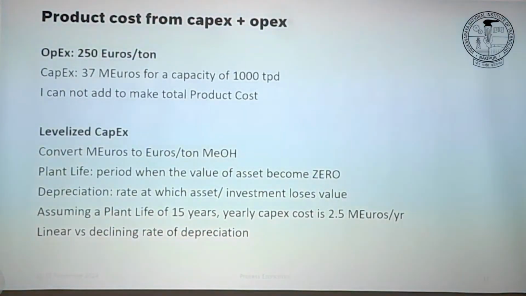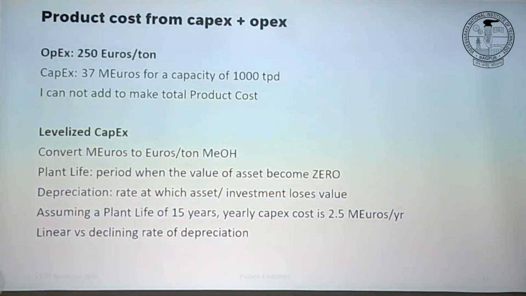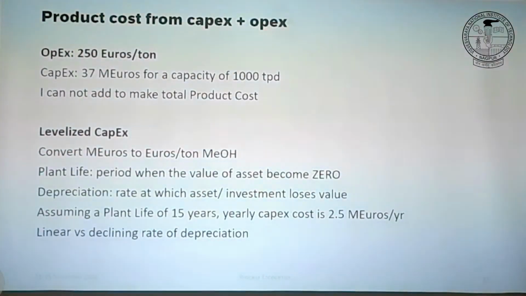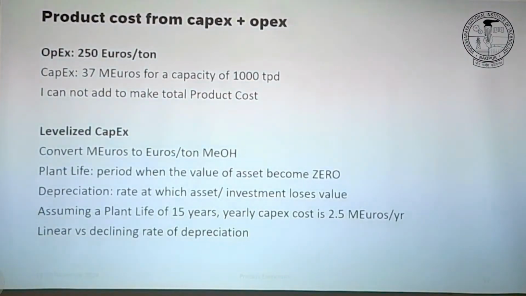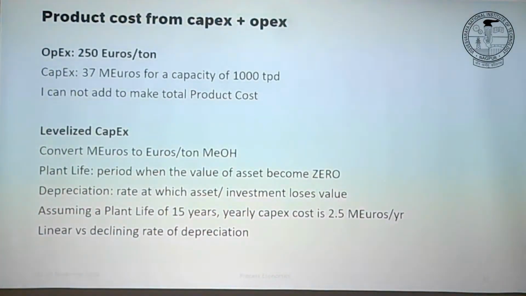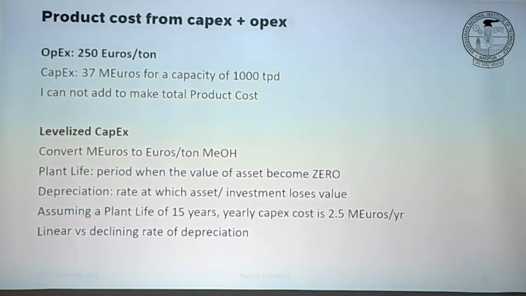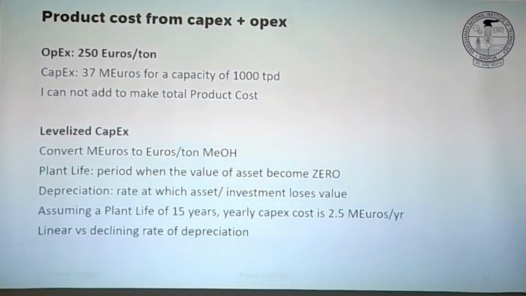Generally we say 15 years, 20 years is the maximum you can have. Beyond this, you still operate the plant, but you need to keep investing in repairs and maintenance, so you can consider the value of your plant to be zero in 15 years.